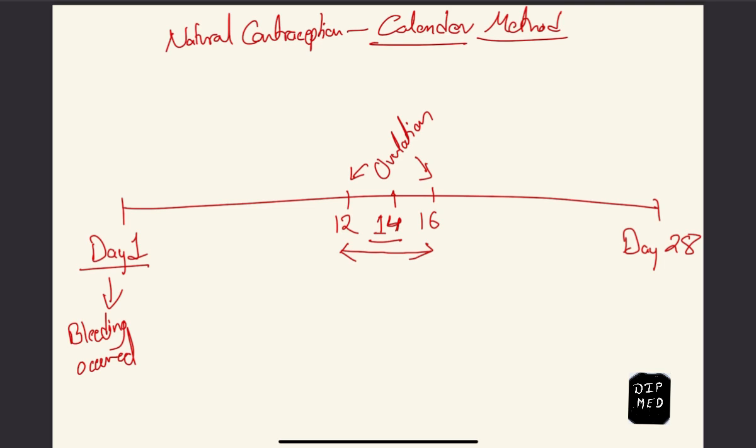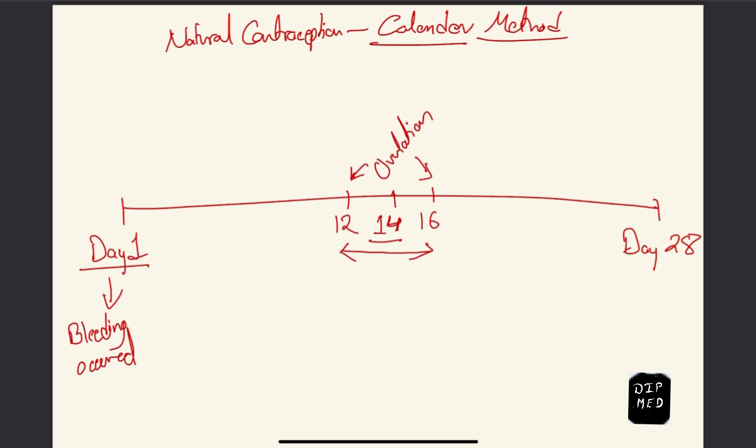Ovulation means the egg is released from the ovary, and if during that period there is sexual intercourse and the sperm comes inside the female vagina, then there is a chance of fertilization. The sperm can come into contact with the recently released egg. We need to prevent that for contraception, so we need to avoid any sexual contact during this period.